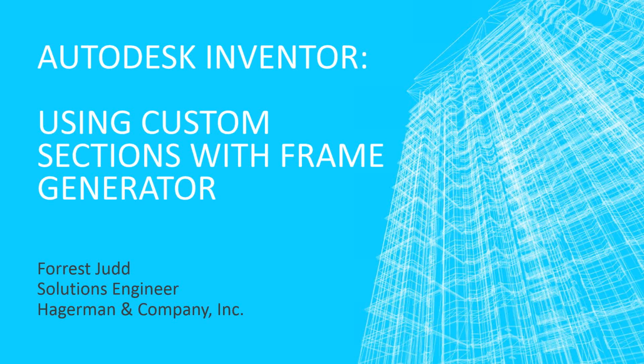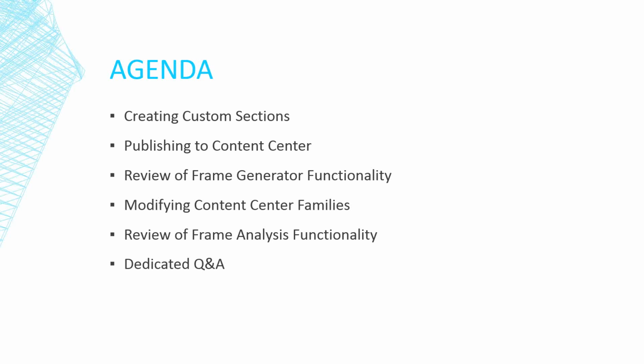All right, thanks, Brina, and thanks everyone for attending this morning. I hope you find this informative. I guess we should talk about our agenda. We're going to be talking this morning about using custom shapes and custom cross-sections with Frame Generator.